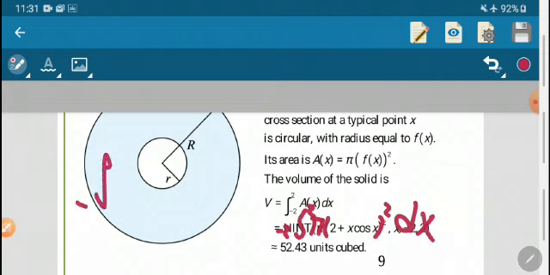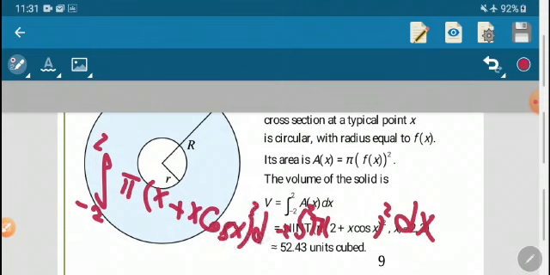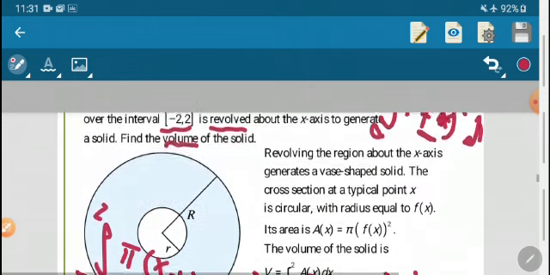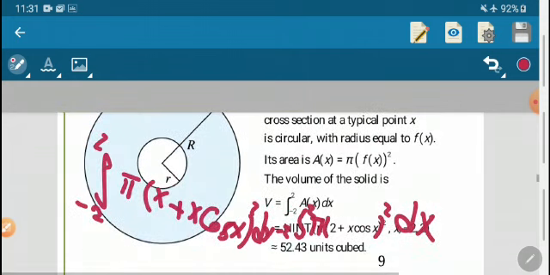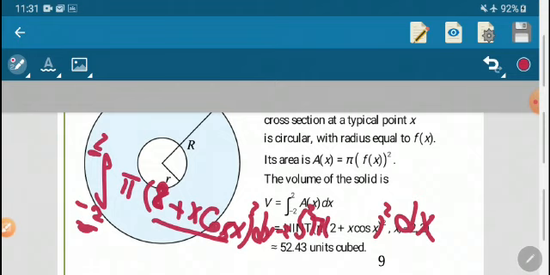Again, integrate from -2 to 2, as we said, pi times the function 2 plus x cosine x, squared, dx. It's not x, here it is 2. Just integrate 2 plus x cosine x squared. After that, replace x by 2 once and -2 once, then subtract at the boundary of integration and determine the volume.